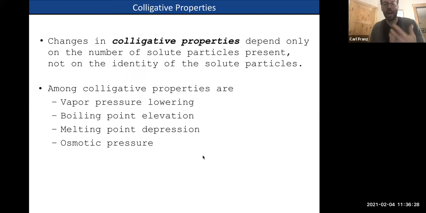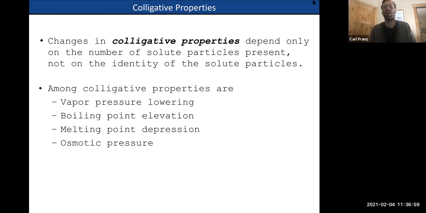So, start off by saying that the changes in these colligative properties that we'll talk about depend on the number of solute particles present. Remember, we talked about solutions on Tuesday. Solute is what is going into the solvent to form the solution. So the colligative properties depend on the solute particles present, not necessarily the identity of the solute particles.